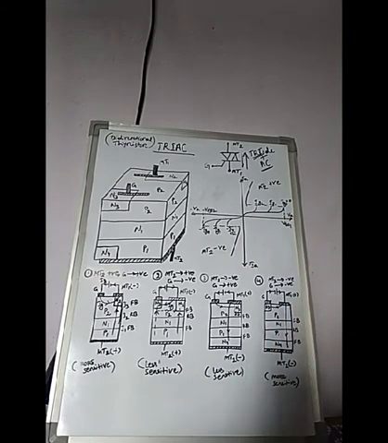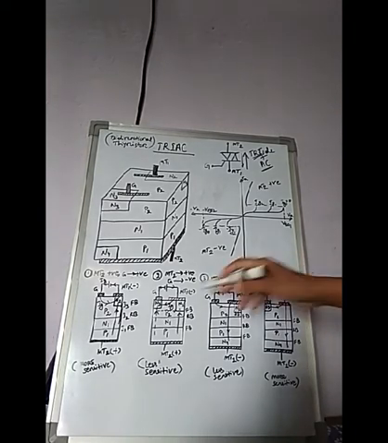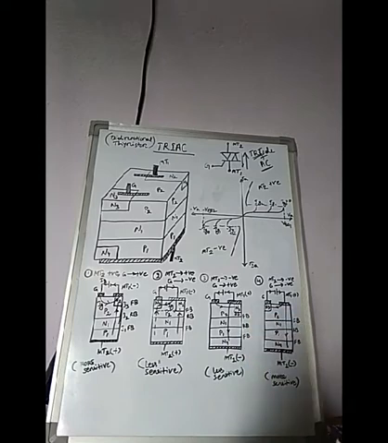That's why it is more sensitive in this first quadrant mode, when MT2 is positive and the gate is also positive. So let's go to the next, second mode of operation.